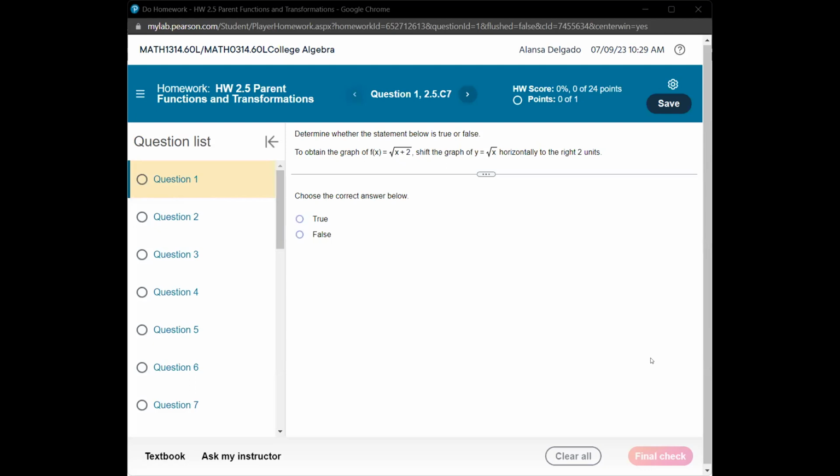Well, I haven't used that expression, but the parent function is the square root of x here for this one. And then you shift it horizontally to the right 2 units.